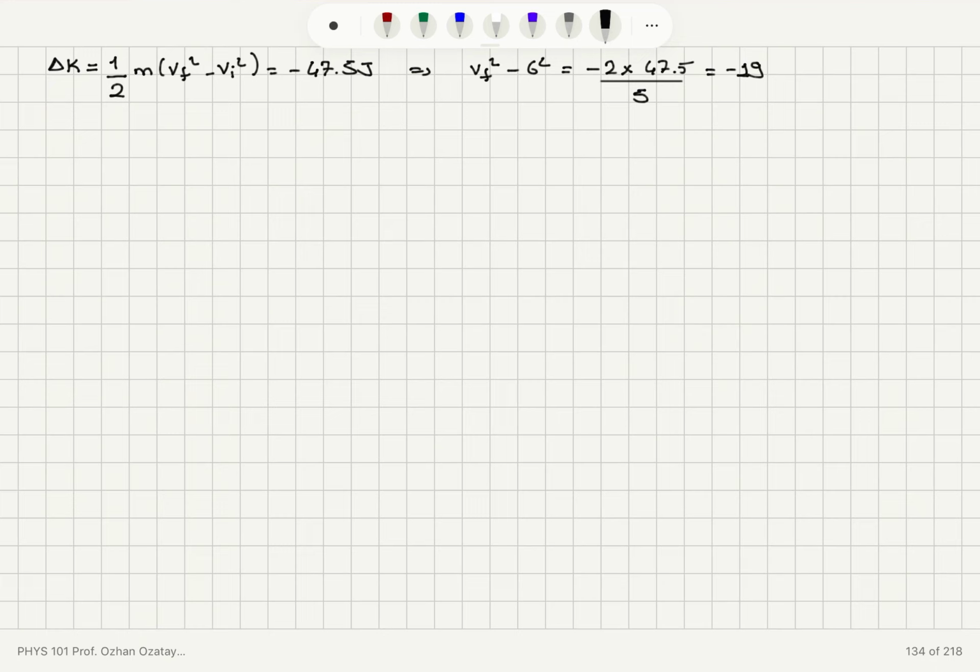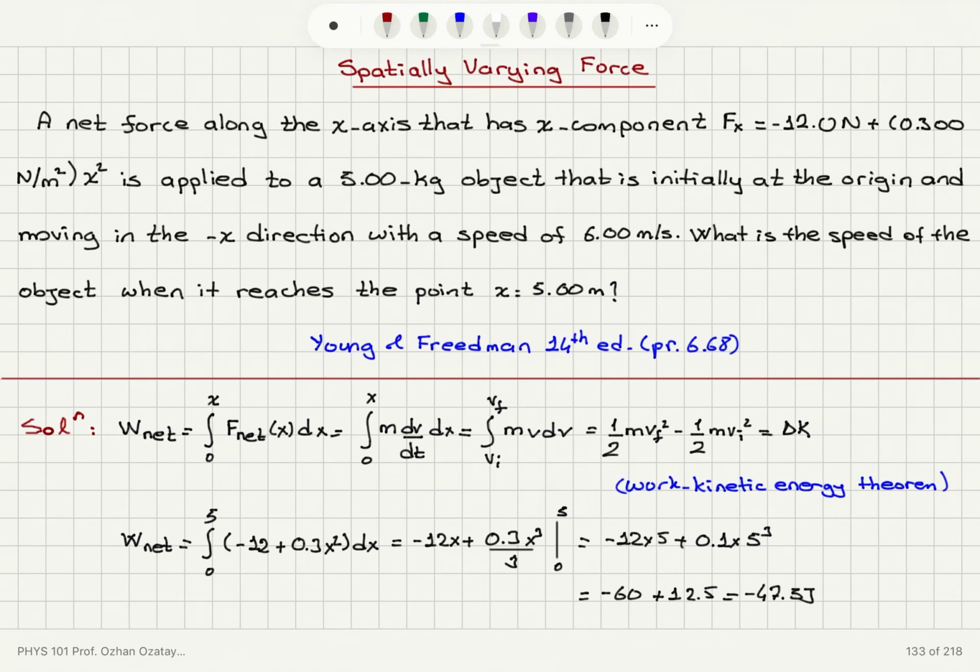So v final squared is 36 minus 19, so v final is the square root of 36 minus 19, which is 4.12 meters per second. So this is a direct application of the work kinetic energy theorem.